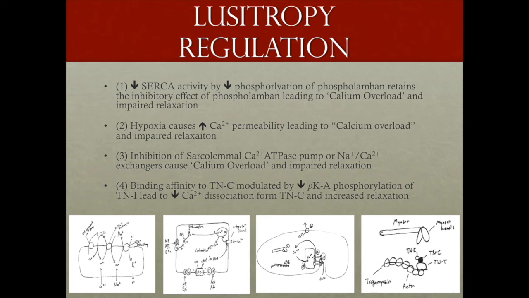Number 4, binding affinity of troponin C is modulated by decreased PKA activity and phosphorylation of troponin I, which leads to decreased dissociation of calcium from troponin C and impaired relaxation. The fourth mechanism is unique in that it will increase inotropy, but it will decrease lusitropy.